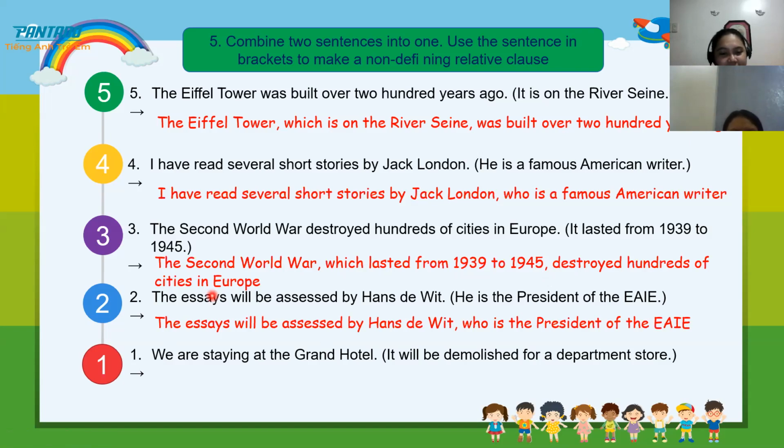They are staying at the Grand Hotel, which will be demolished for a department store. So your answer is: we are staying at the Grand Hotel, comma, it will. Can you say your answer again?